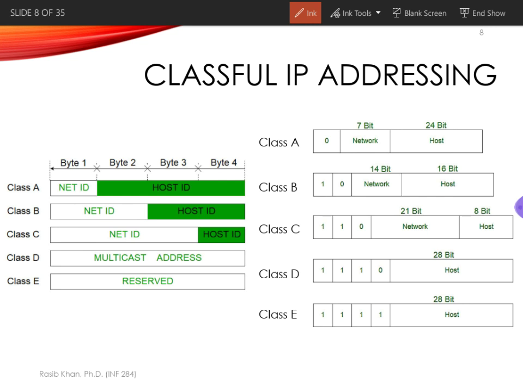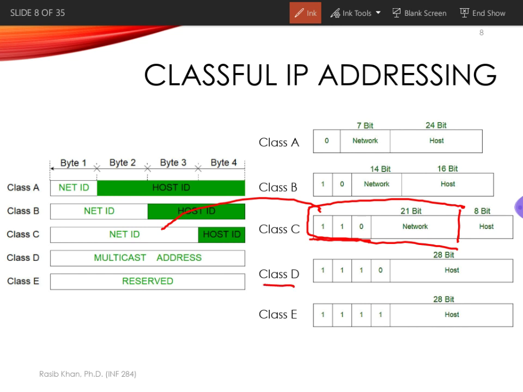For class C, if you're given an IP address and we convert it into the binary representation, and we see that the first 3 bits of the first octet are fixed to 110, we then know that we have to consider the whole 3 octets for the network ID, and this IP address belongs to class C.